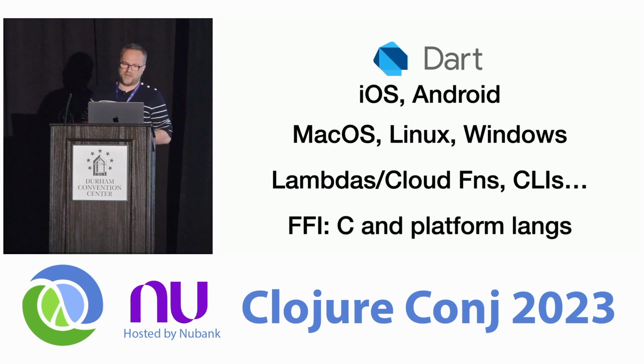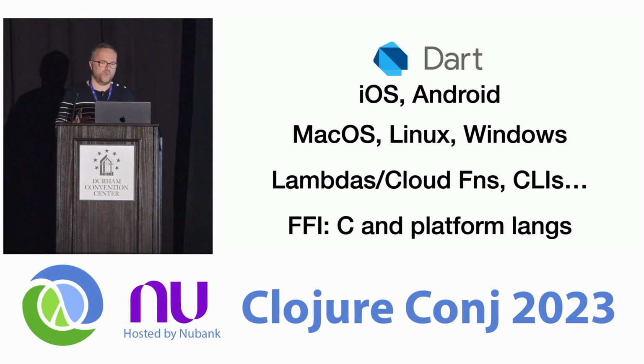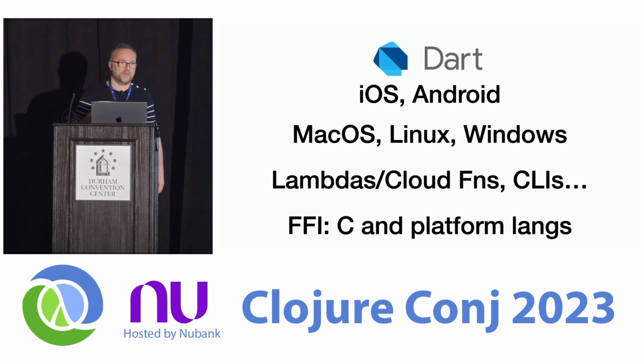Plus, Dart has good FFI to C, but also to the platform languages. It means that when you are working on Android, you can reach out to libraries and frameworks which are written in Kotlin or Java. And when you are on iOS or macOS, you can reach out to frameworks written in Objective-C or Swift.